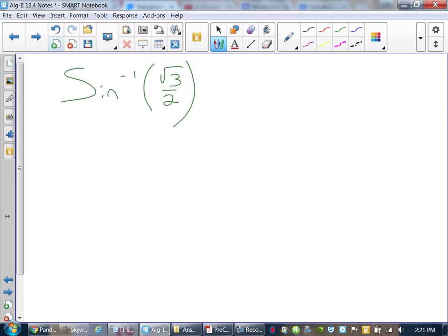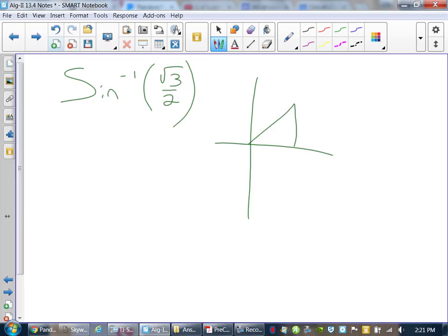Okay, so an example of this is when I just say, what angle has a sine of root 3 over 2? Which means you have to think which of the two triangles has the root 3s. It's either the 45 or the 60. It's the 30-60-90, okay? Being a 30-60-90 triangle, and this being positive, that means it has to be in the first quadrant.